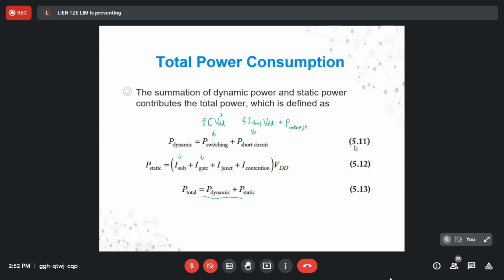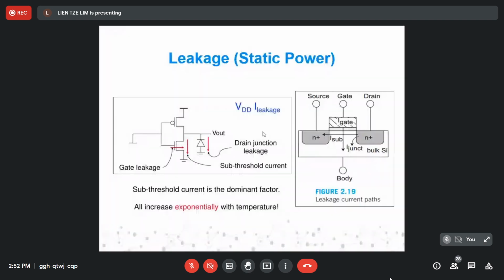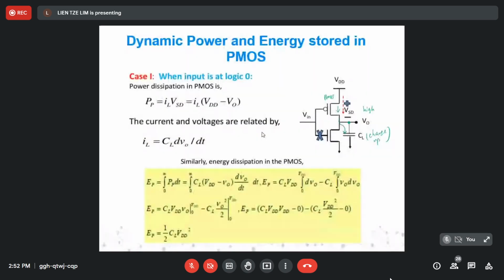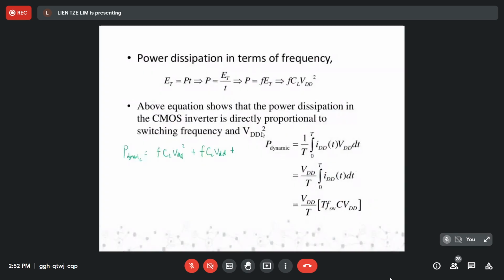I refer to this one. From the relationship, you can know that the CMOS inverter power is directly proportional to the switching frequency and VDD square.